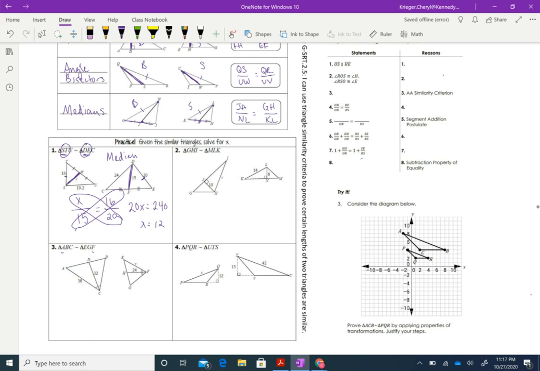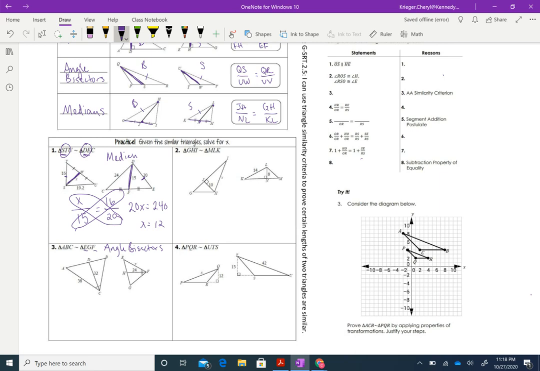All right, let's do it again. So here on number 3, they give us the angle bisectors and ask us to find side EF. EF is the first and the third letter of the smaller triangle.